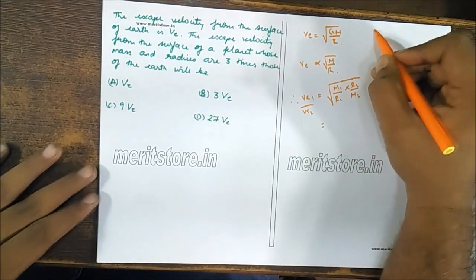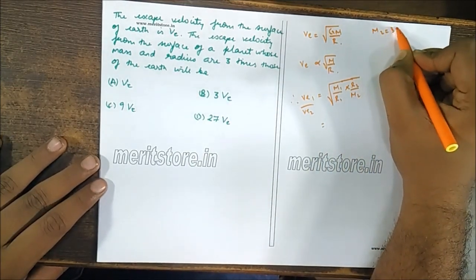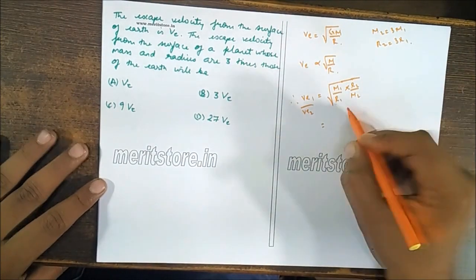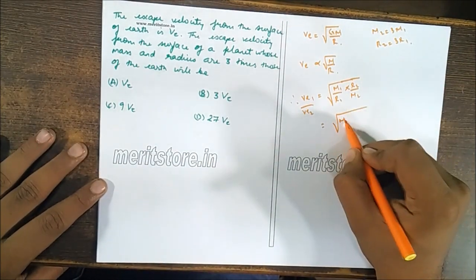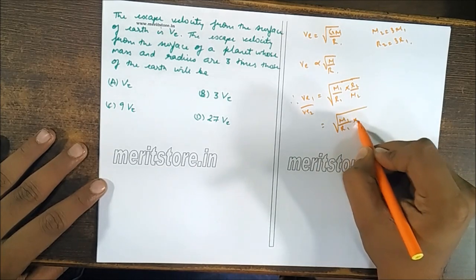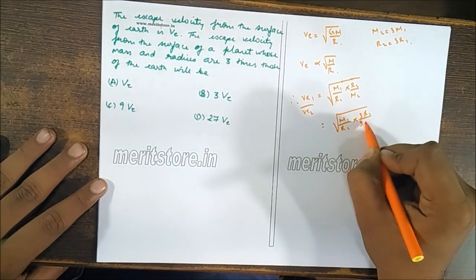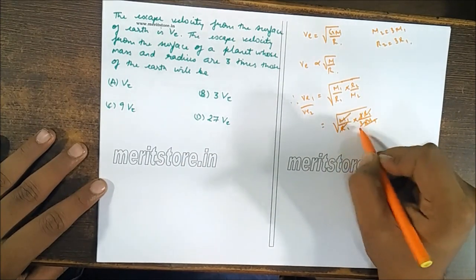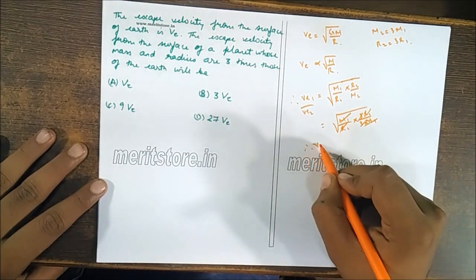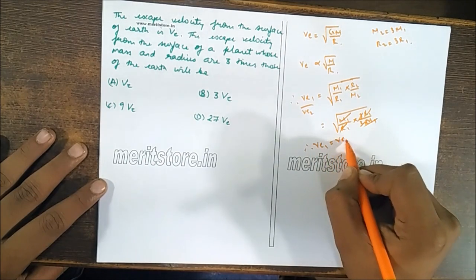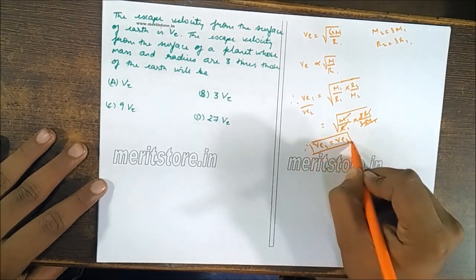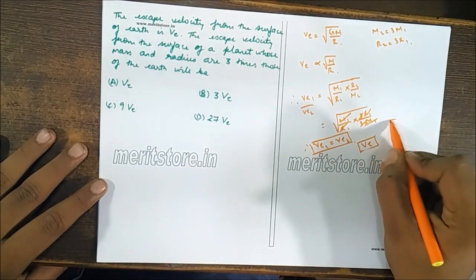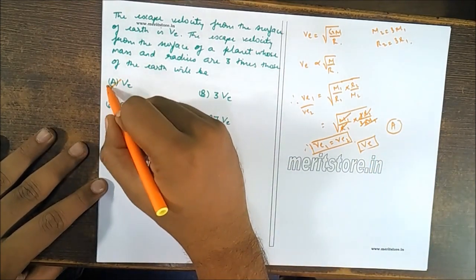Now we all know m2 is equal to 3m1 while R2 is equal to 3R1. So therefore m1 upon R1 into 3R1 upon 3m1, everything will get cancelled. Therefore V_E1 is equal to V_E2. That means the escape velocity will remain same, V_E. Option A.